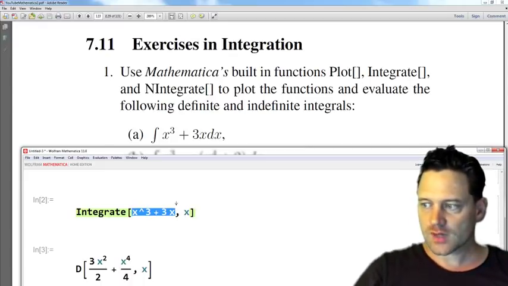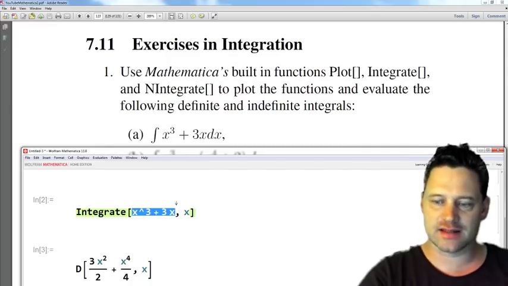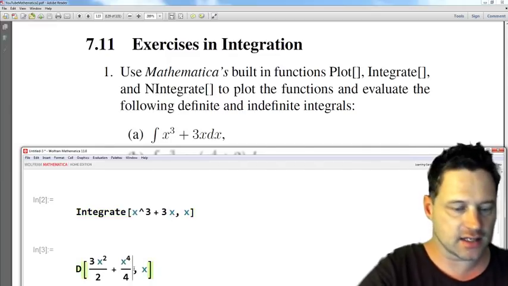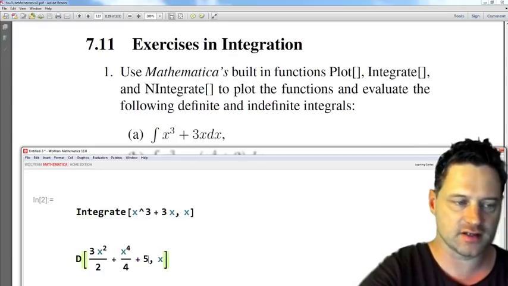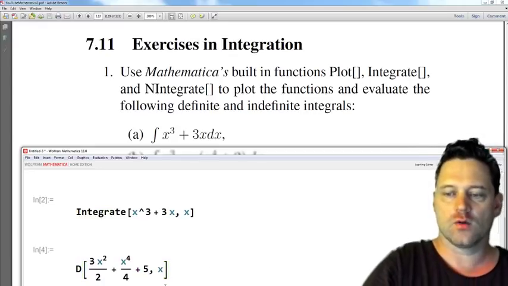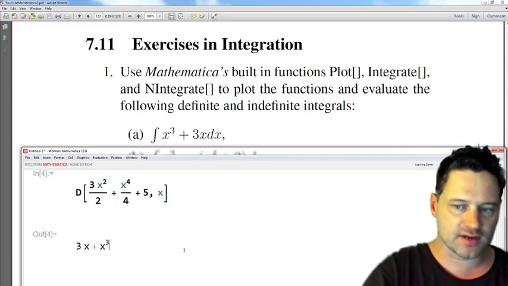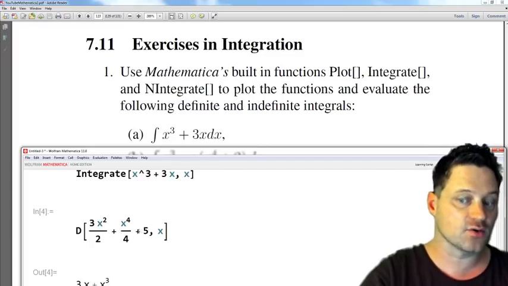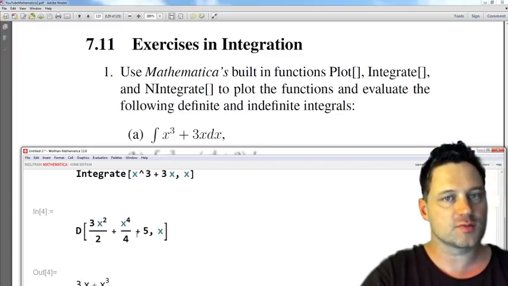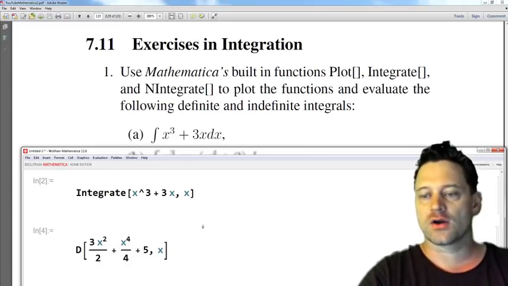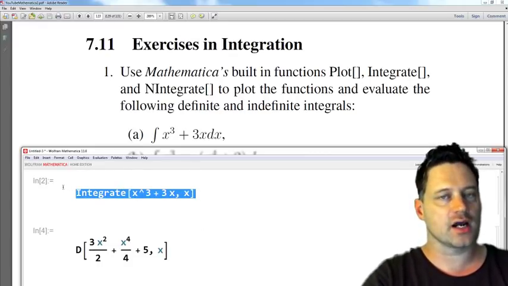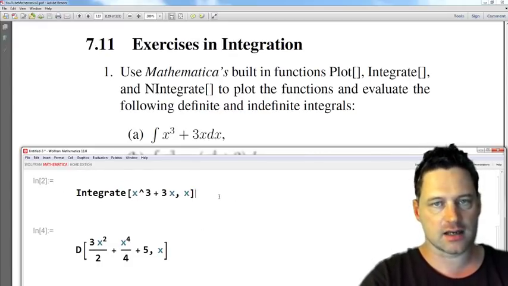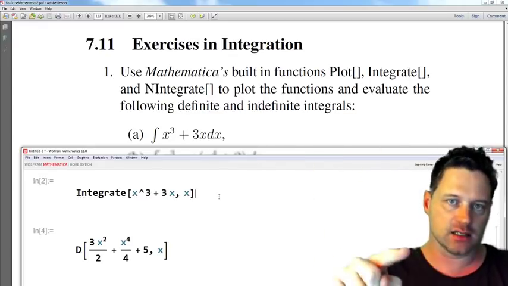Also notice that if we added plus 5 here and differentiated that, we would also get x cubed plus 3x, because the derivative of 5 with respect to x is 0. So what is missing when you integrate this in Mathematica is the plus c.